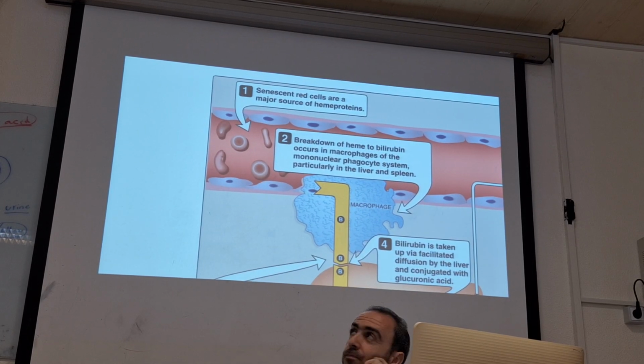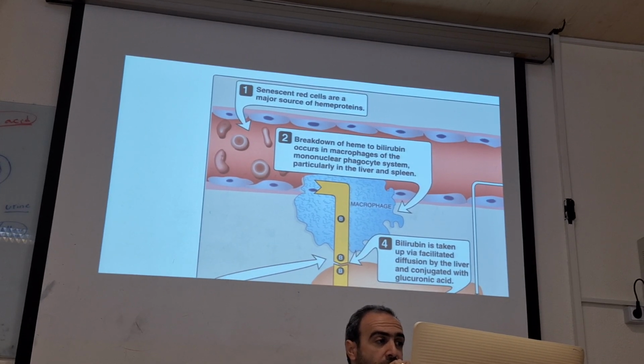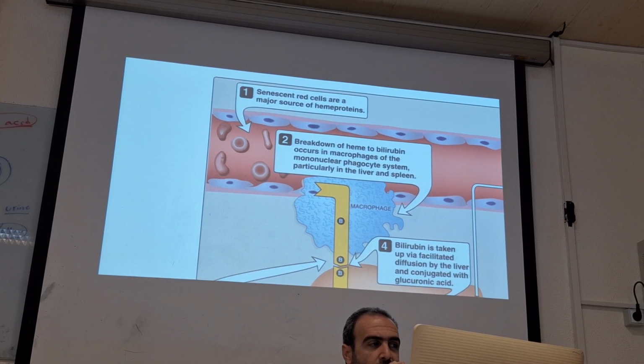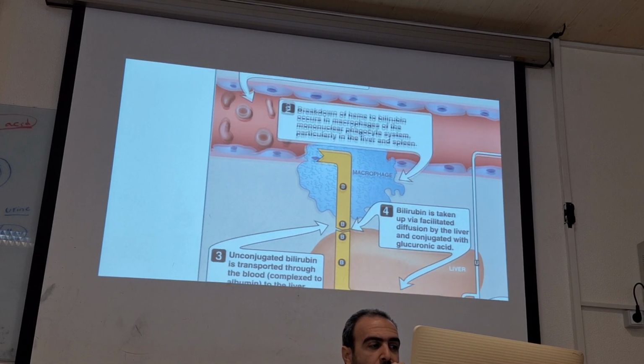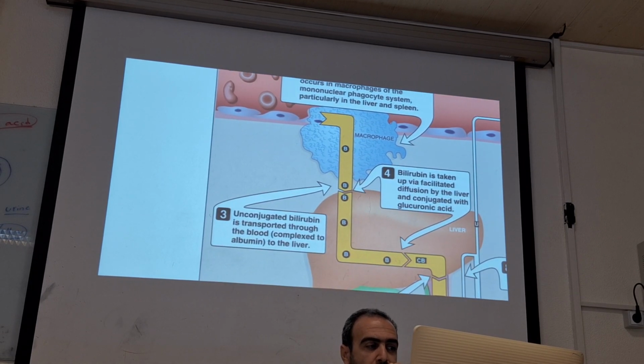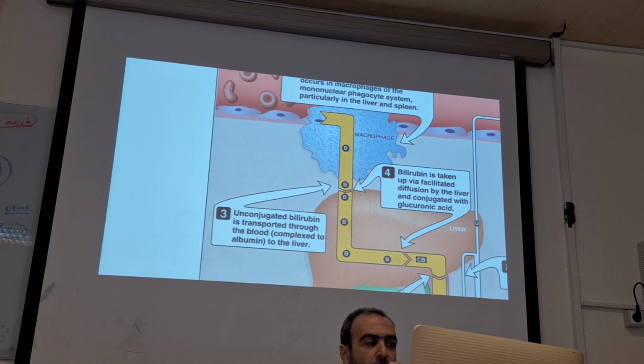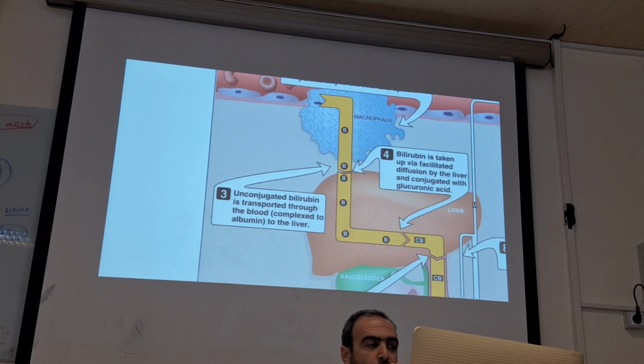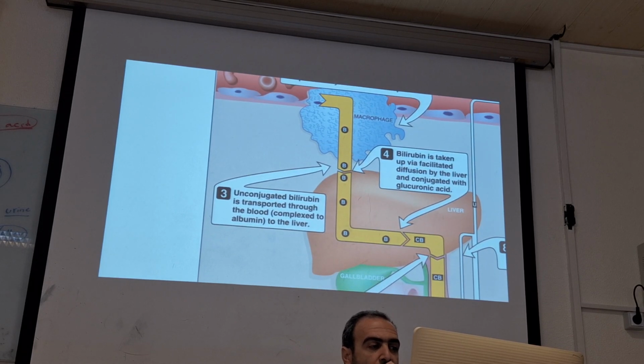First of all, the senescent red cells are trapped by the macrophages in the spleen. Then heme is converted to biliverdin and bilirubin. So bilirubin is transported to the liver.